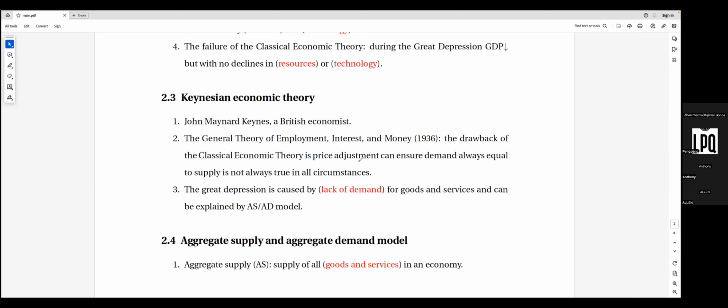Just like we mentioned, let's repeat again: the classical theory wrongly assumes supply is always equal to demand, because the time span they considered is super easy. It is called a single time period.